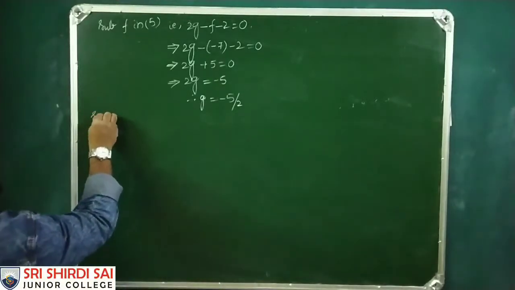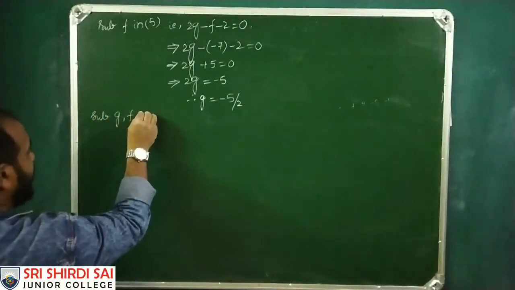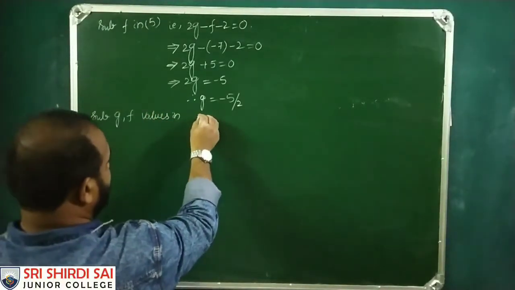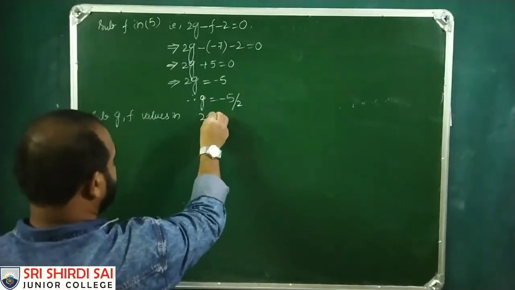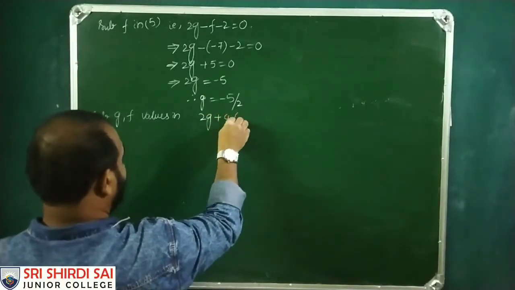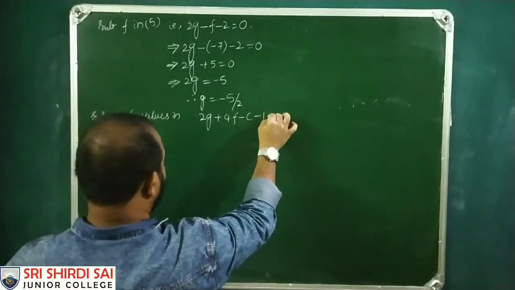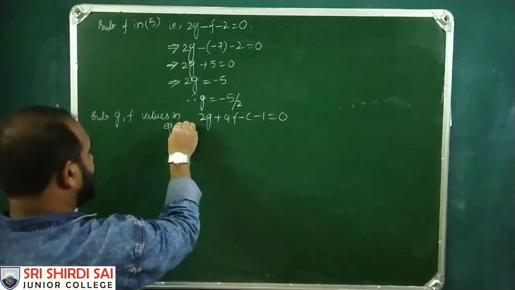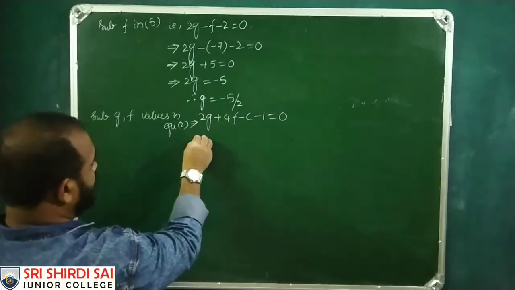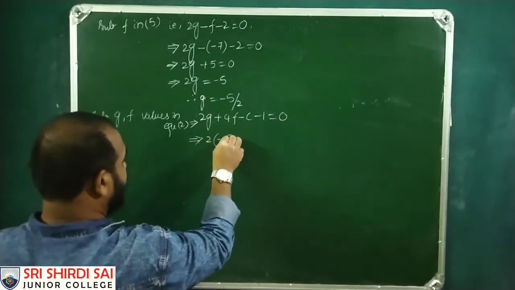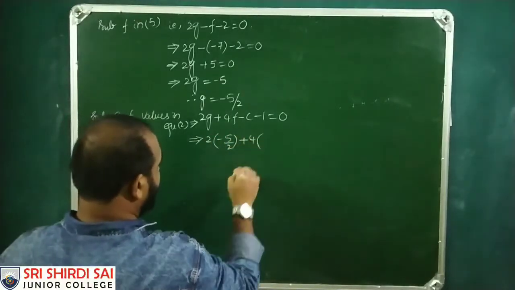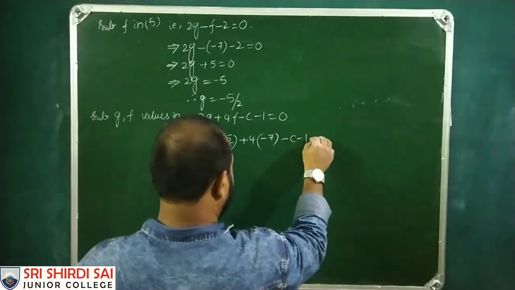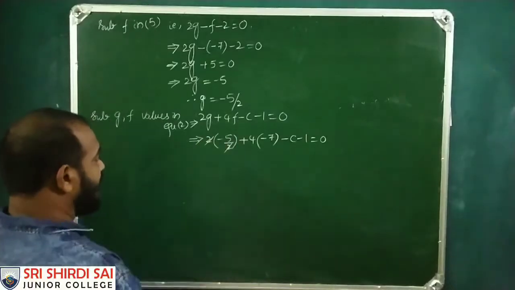Substituting g, f values in the second equation. What is the second equation? 2g plus 4f minus c minus 1 equals 0 in equation 2. So this implies 2 into minus 5 by 2 plus 4 into the value of f, which is minus 7, minus c minus 1 equals 0. 2 gets cancelled here.